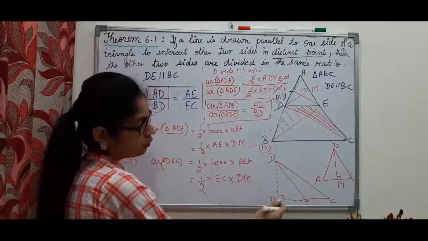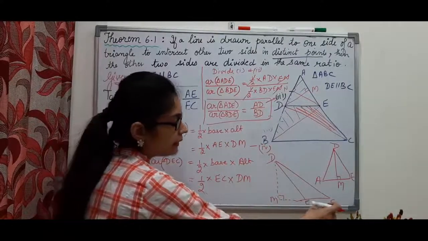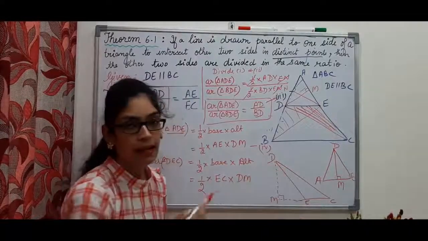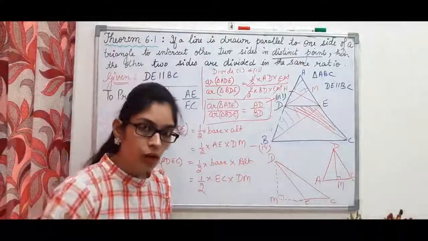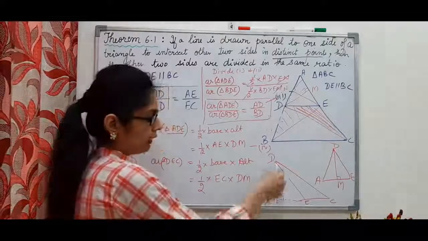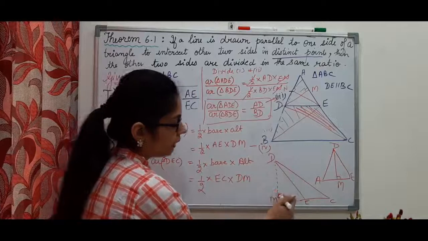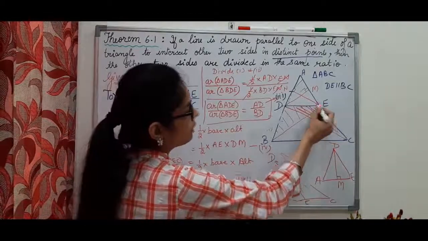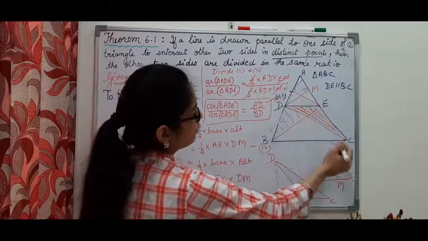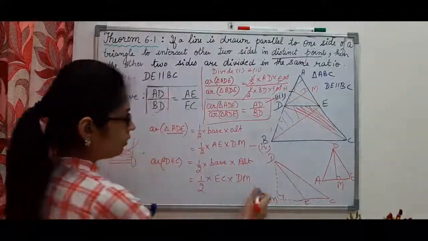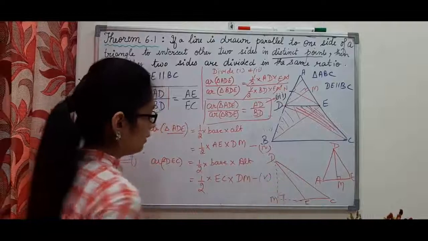We get this altitude by extending our EC, because we cannot take a slant line as our altitude. The altitude should always be a straight perpendicular line. So we extended the line EC and got the altitude of this triangle as DM. From here also you can see this slant line, and this will become a right triangle. So you can mark it as the fifth point.